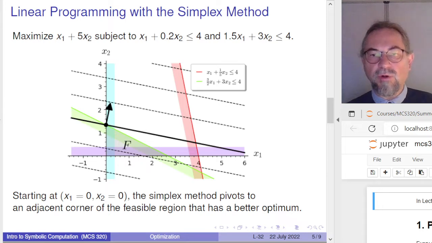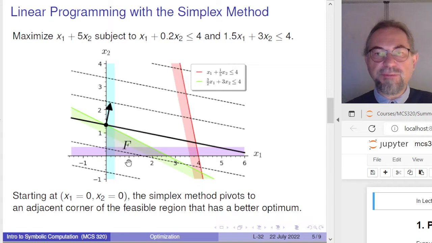We have the red half plane, defined by this first inequality, and then the green half plane defined by this second inequality. There are also the default inequalities. We want positive solutions. So the feasible region F is enclosed by the half planes on the first coordinate sector for x1 and x2, and we have the green constraint.